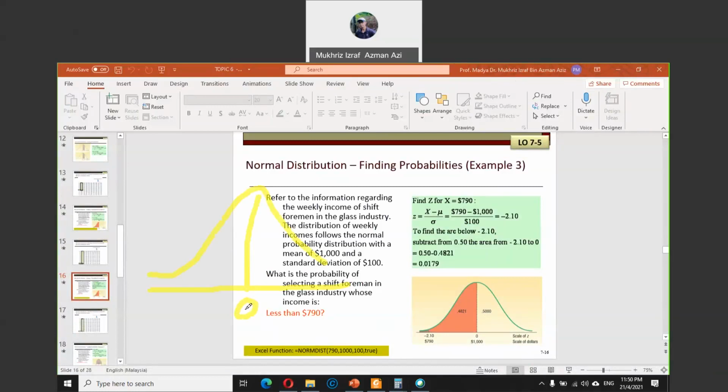Only provide the value of Z, no need to put the X value. Then the corresponding value of Z, and also shade the area under the curve. For example, if you are calculating between one negative and one positive, the area will be this part. So at least I know that you understand the concept of finding the area under the curve.